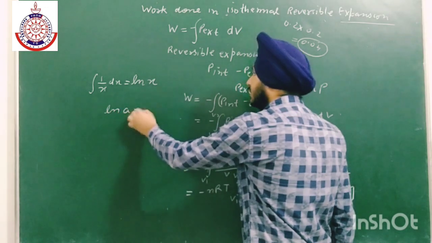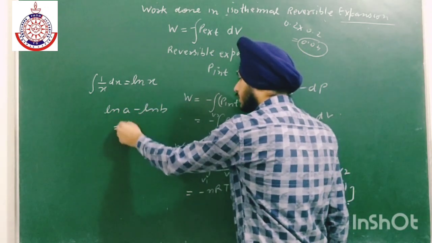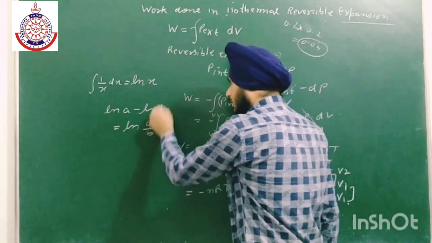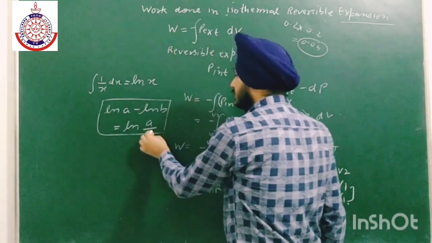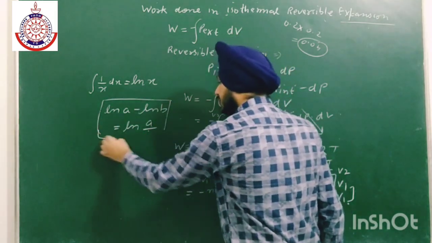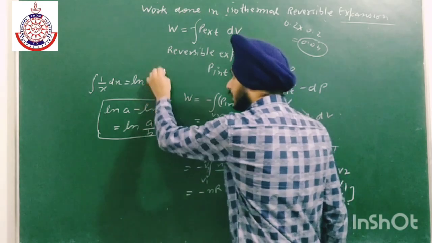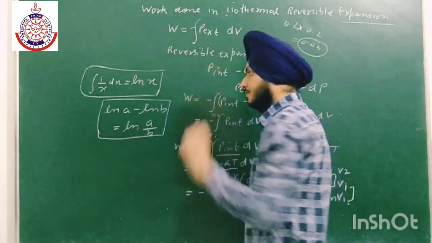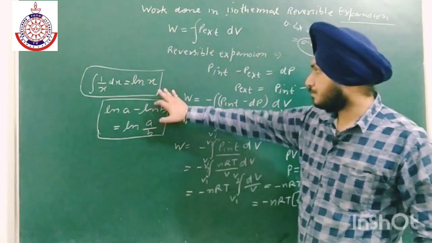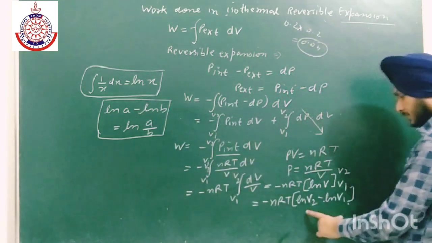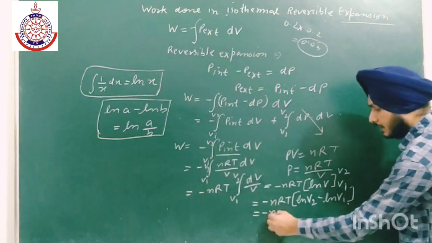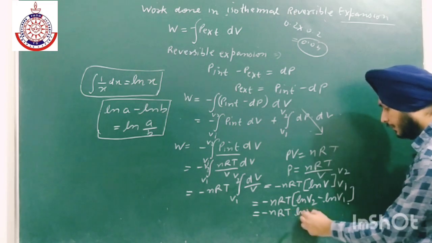The formula for natural log a minus natural log b is equal to natural log a upon b. So you have to remember these two formulas. Okay, the integration of 1 by x is natural log x. So this is the formula, and we will get minus nRT ln V2 upon V1.